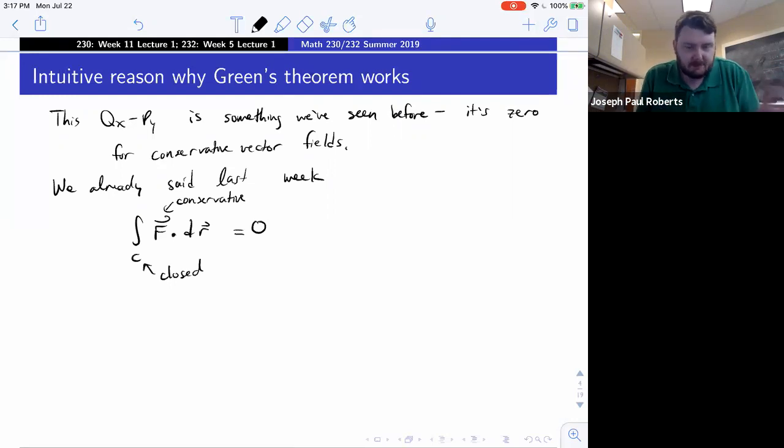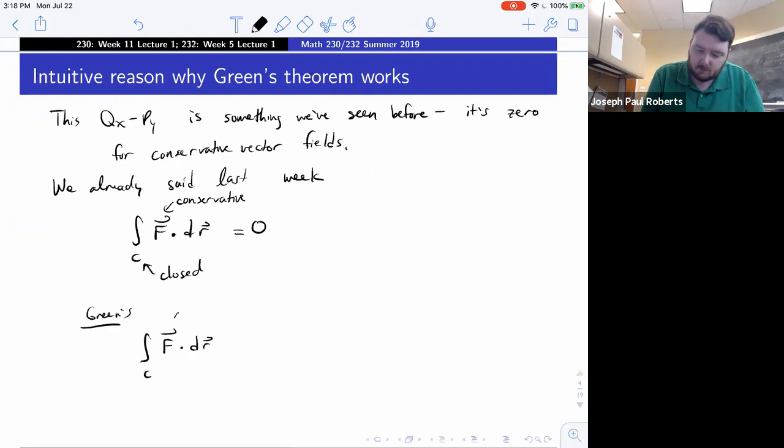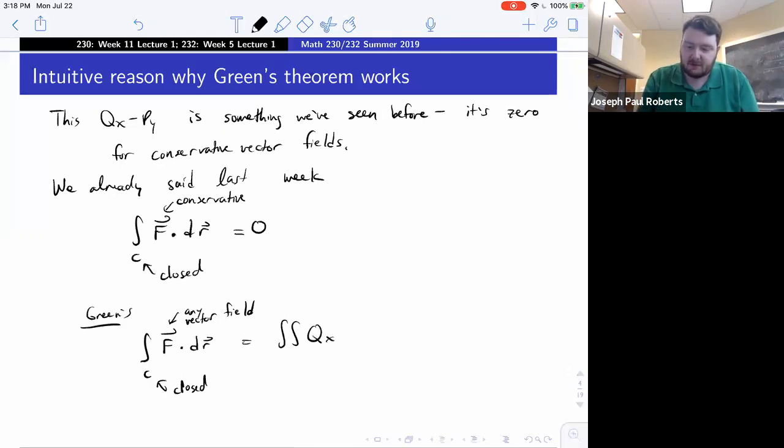So anyway, yeah, this was something we talked about last week. The conservative vector fields, closed curves, the work is 0. So in some sense, what we're doing now is basically Green's theorem saying that for any vector field, the work that it does on a closed curve somehow depends on how non-conservative it is.